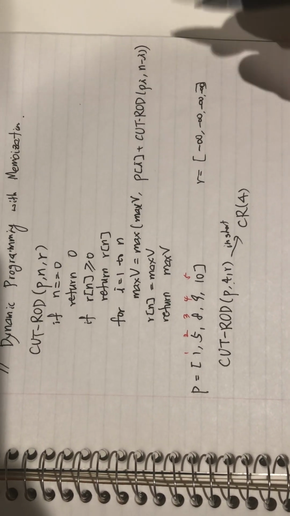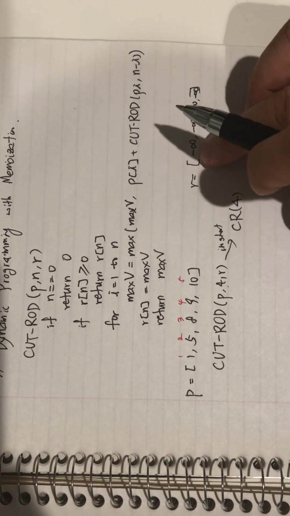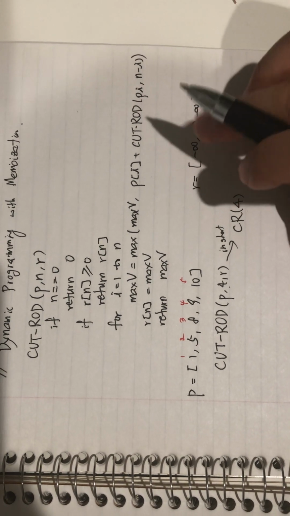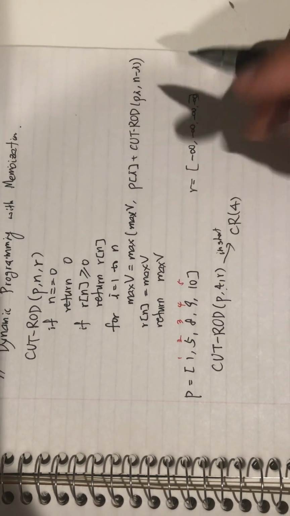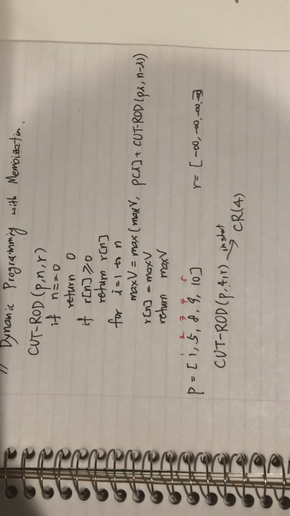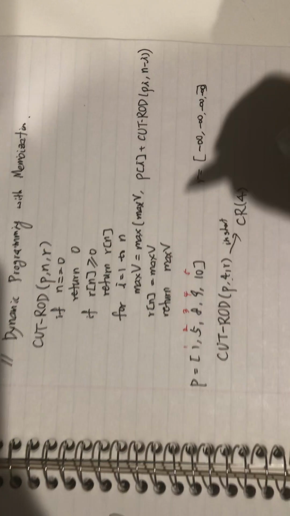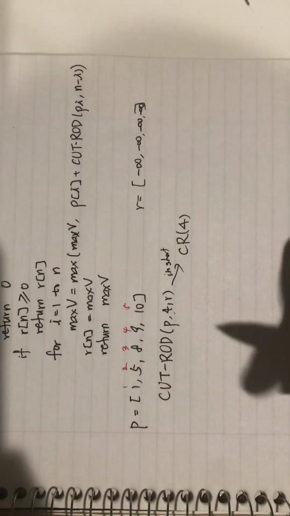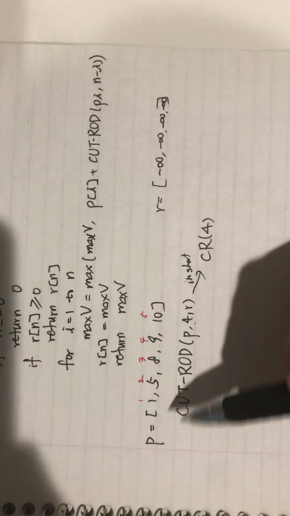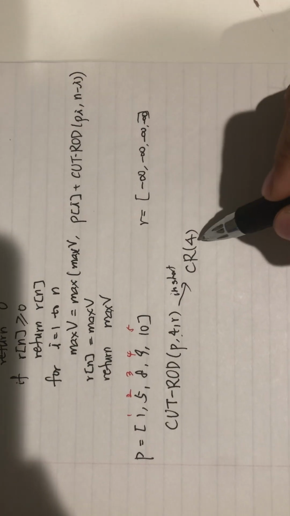That means here I don't have any positive maximum revenue for a rod of 1 inch, but we are going to update as we find out. So here is an illustration, same prices starting with n equal 4.